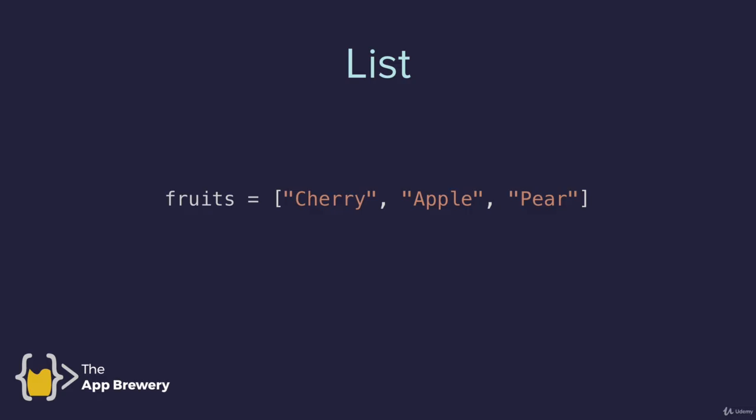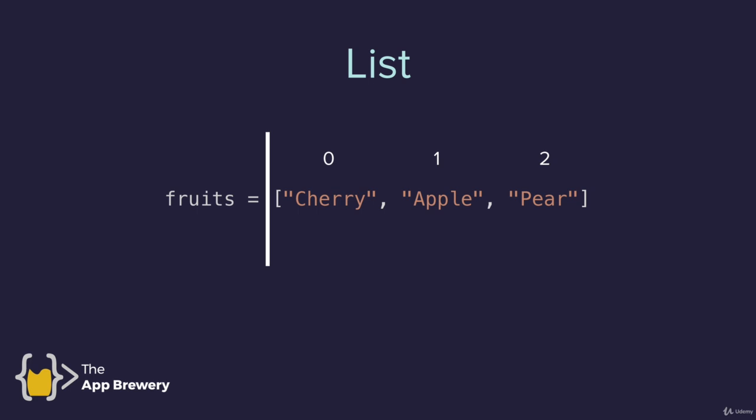And this idea might seem a little bit weird at first. Why is the first item at position 0? But think about that index number, that 0, 1, or 2, instead of being the position, actually being an offset or a shift from the start of the list.